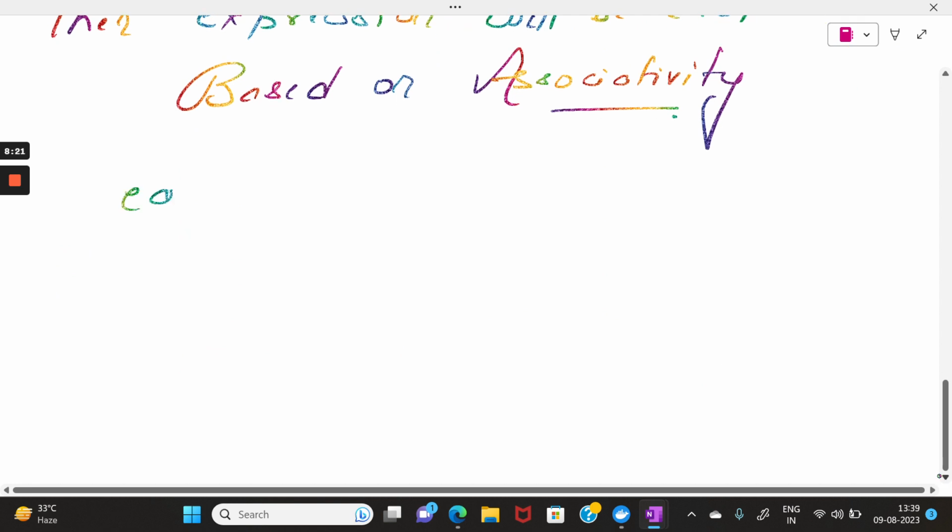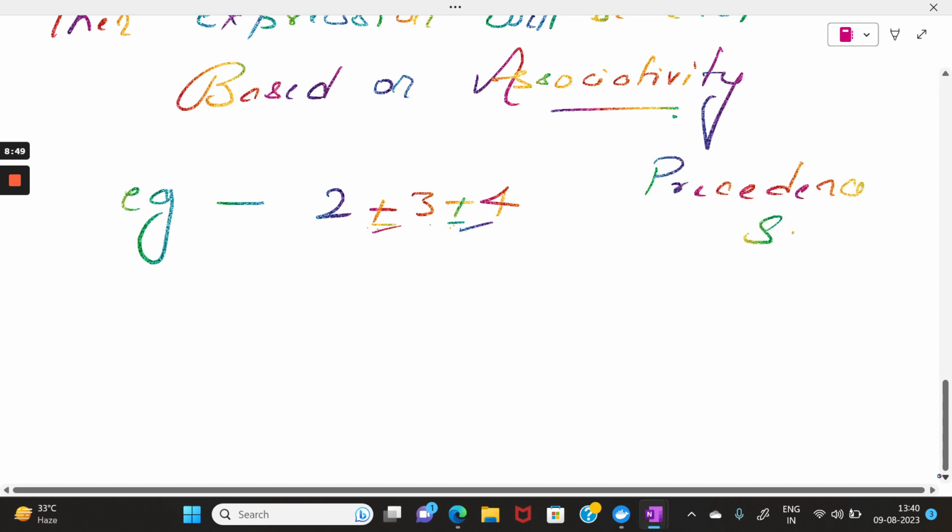So let's start with one example: 2 plus 3 plus 4. I already told you that we have 2 plus operators here, but which plus to do first? Anyhow we start, we are going to get the same result, right? But which plus do we need to choose first? If we follow associativity, we have these two operators at the same precedence. So when the precedence is the same, we need to look at the associativity, as I stated earlier.